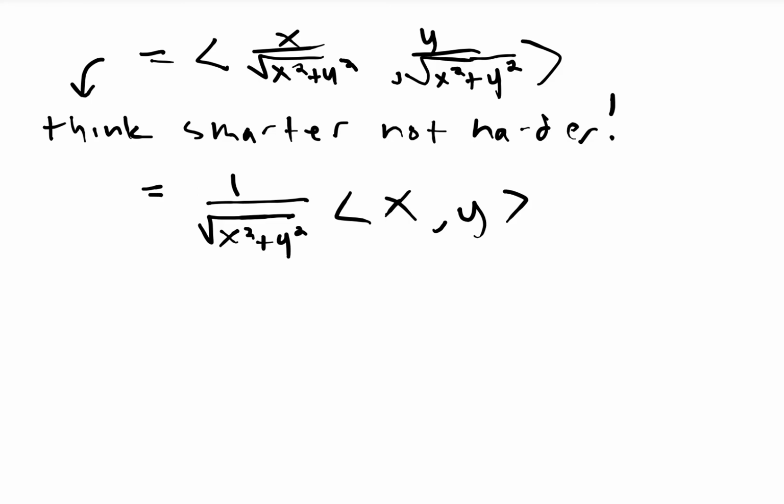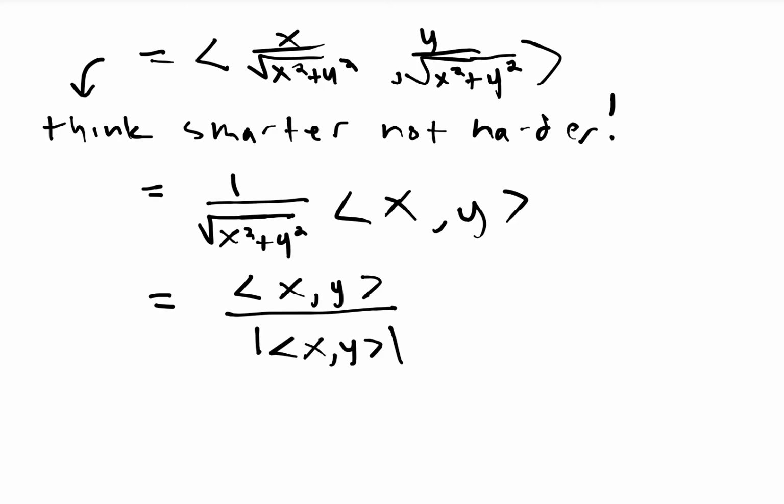Now, as a comment, when you think about the vector xy and how this square root expression relates to it, really what we've got here is this looks a lot like the vector xy, and I just divided by the magnitude of xy. That is a much simpler way to think about this expression than this nasty thing that's got all the square roots in it.